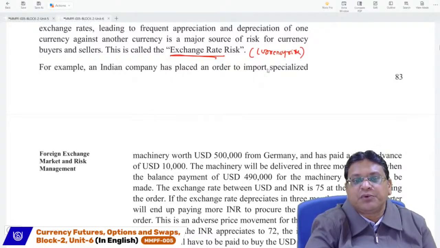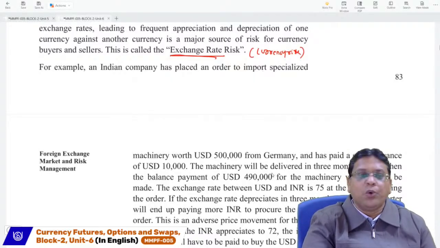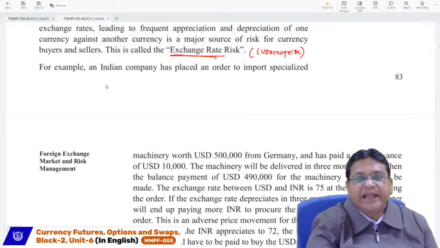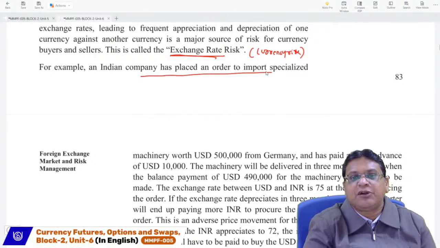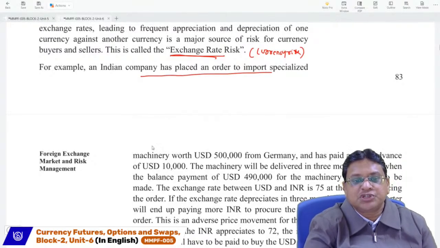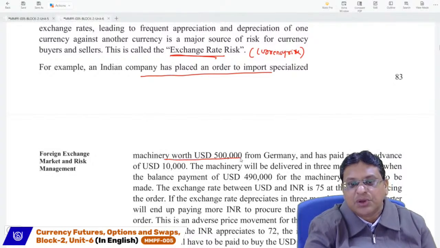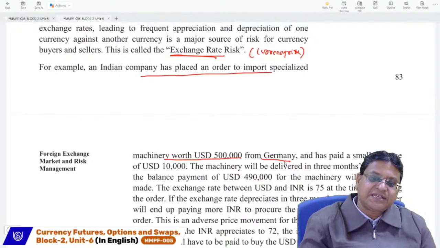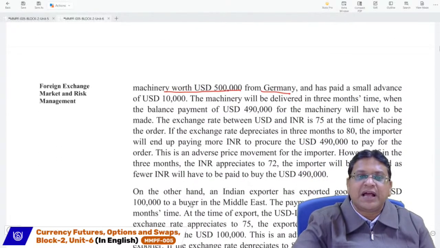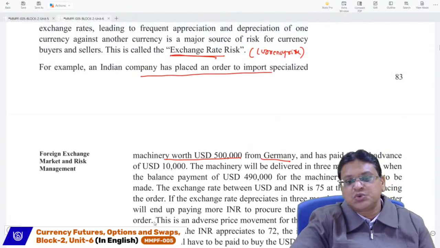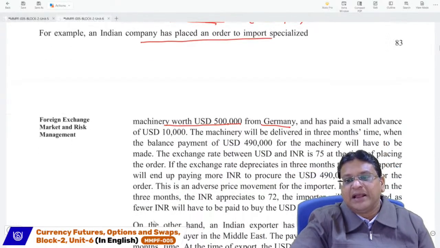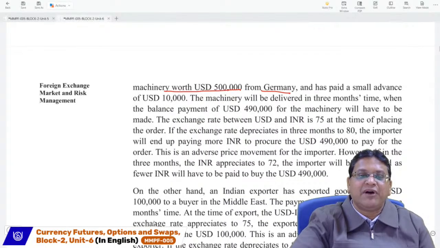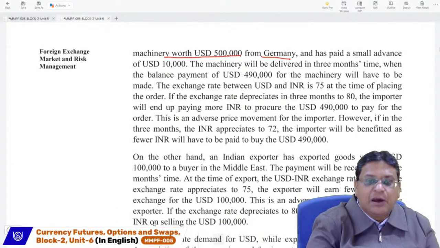Let's take an example of currency risk. Suppose an Indian company has placed an order to import specialized machinery worth 5 lakh dollars from Germany. So the Indian importer has given an order to purchase machinery worth 5 lakh dollars and has paid a small advance of $10,000 now.